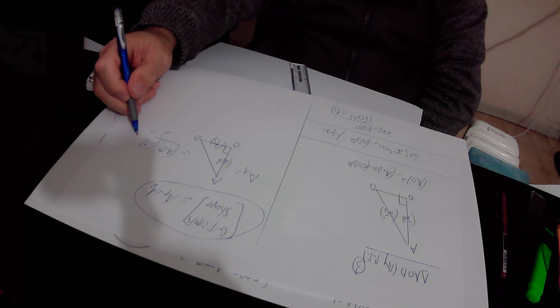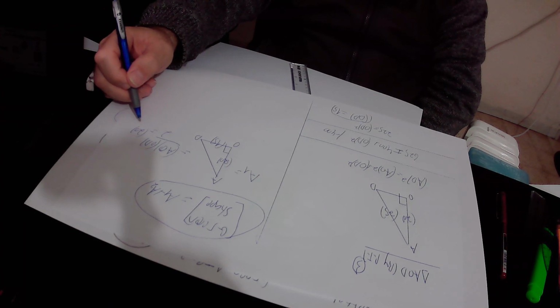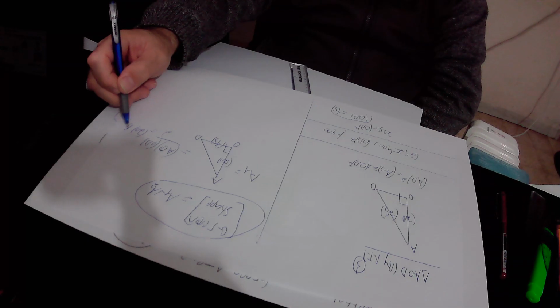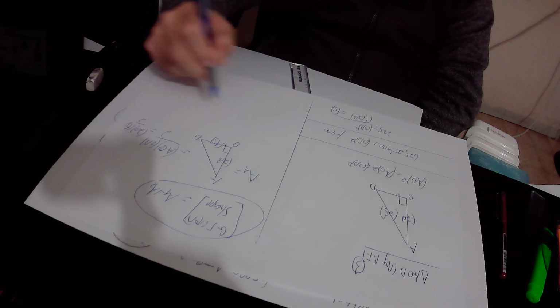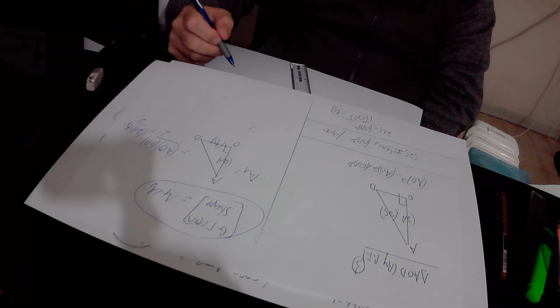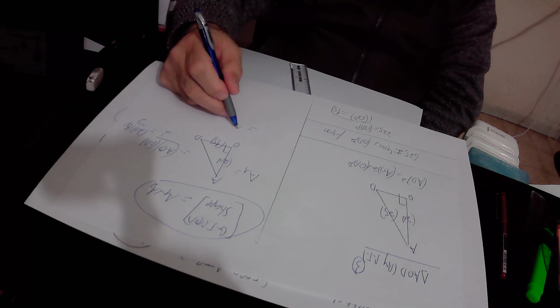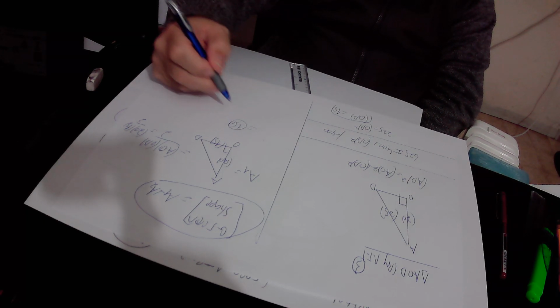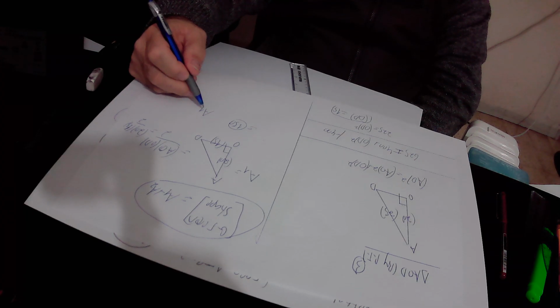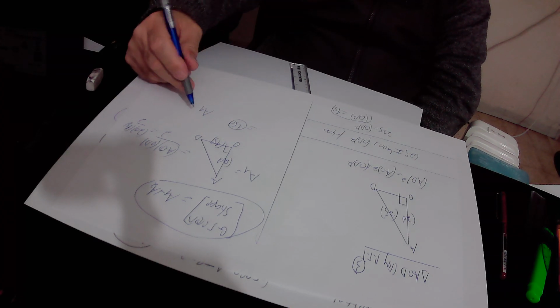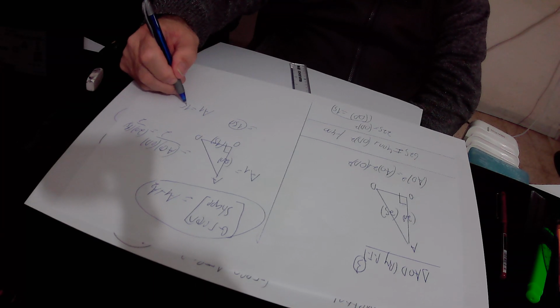AO is 20 times OD is 15 over 2. 20 times 15 is 300, and 300 over 2 is 150. So we found out that A1, that is the area of this right triangle, equals 150 square units.